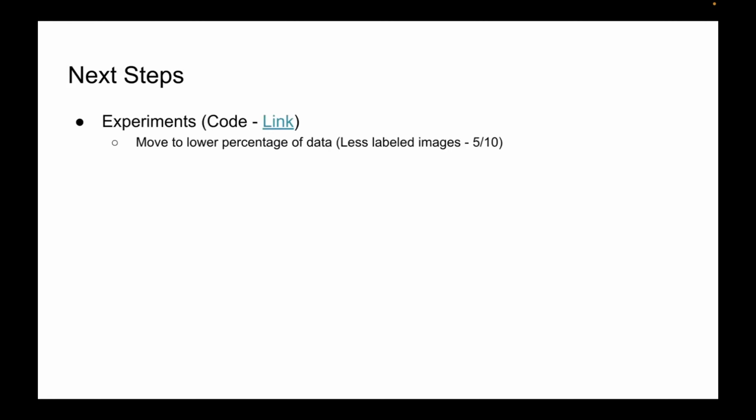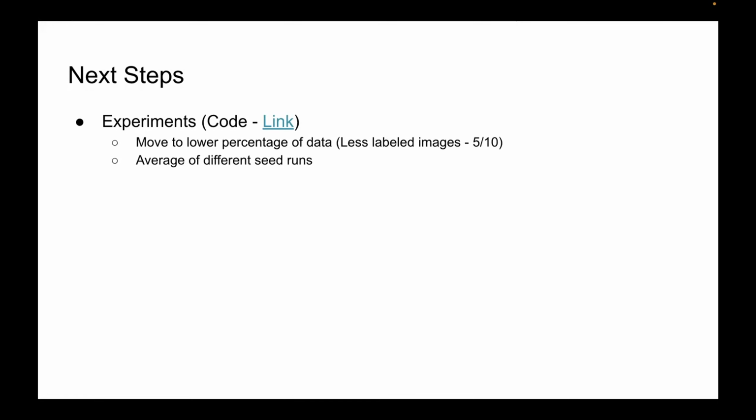Next, I'm moving to a lower percentage of data, because I was looking at one paper where they use only 5 or 10 images, whereas I'm still using 25 images. The issue is that since the 10% result is still very close to the 100%, I'm not able to see much gain with my proposed approach. So I have moved to less data, only 10 labeled images.